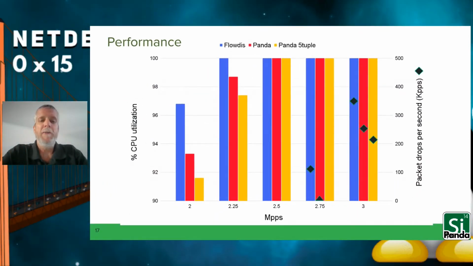So if we put all this together, we did do some performance testing. This is basically testing flow dissector versus PANDA, using kind of a SYN attack model where we're just dropping packets on receive. So it's somewhat of a standard XDP sort of test. We are going to compare three different things.